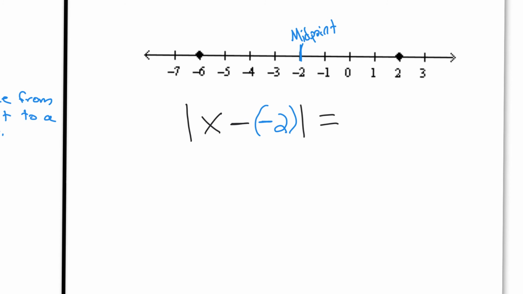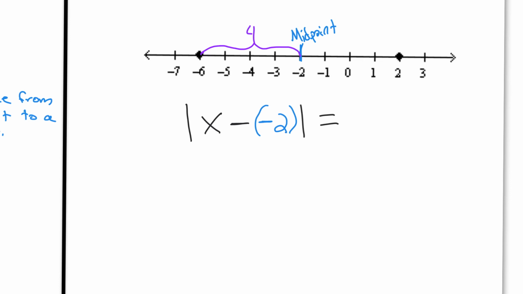And then the number on the other side is going to be the distance from the midpoint to any point on that number line. So we have one on the right side, one on the left side. Doesn't matter which one. I'm going to use the left side. So the distance from the midpoint to the points is 4 units.